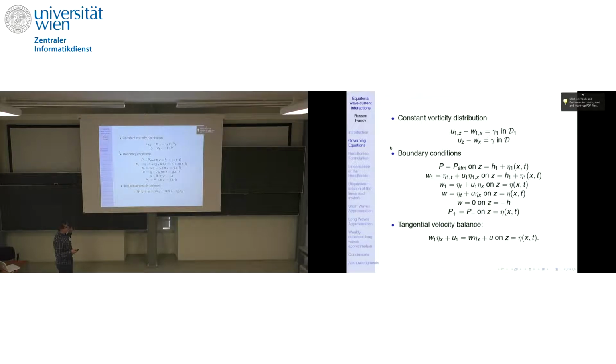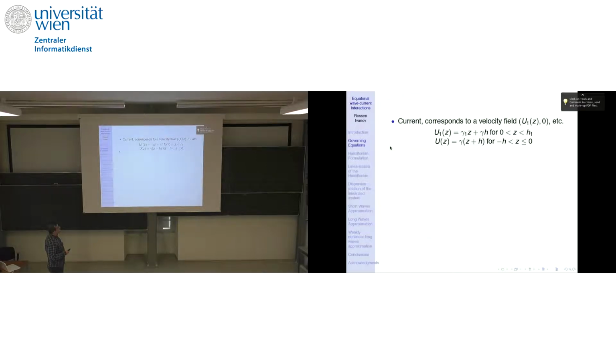Because our flow is not viscous, there is no problem having some tangential difference. But on the other hand, in reality there is always some viscosity, and any tangential difference might be able to destroy the thermocline. So for consistency, we take this as well.